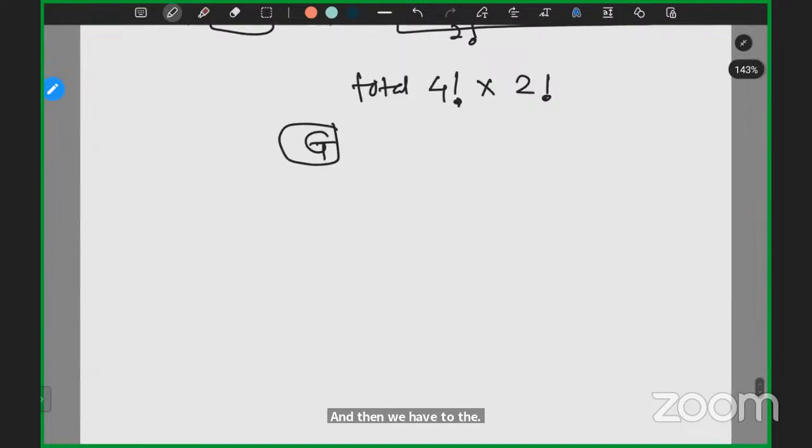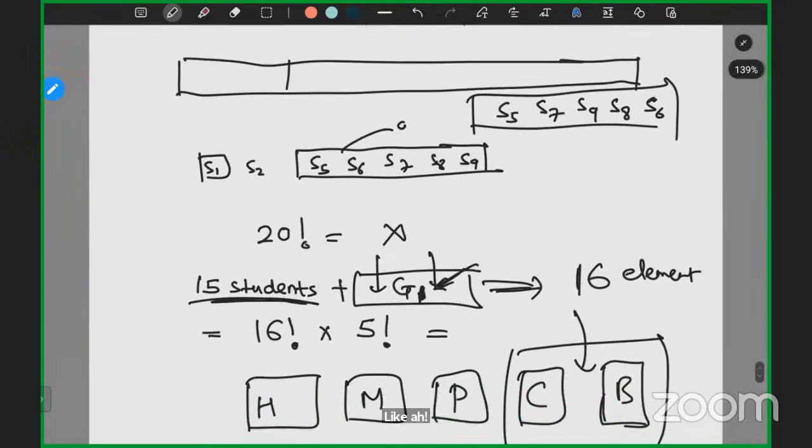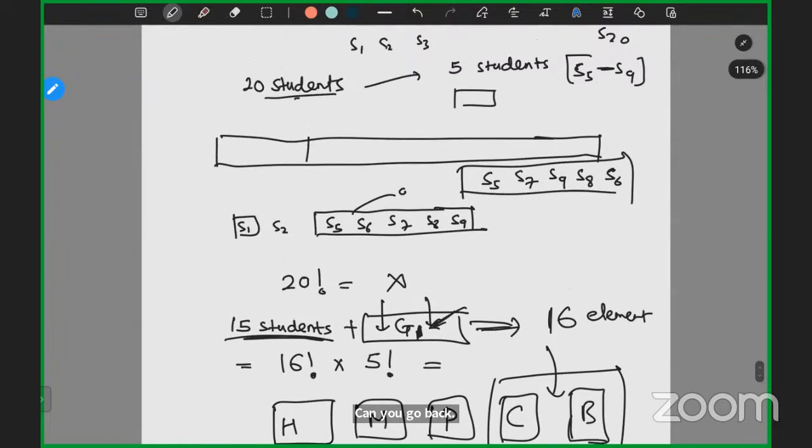Can you go back to the question? After 20 students, one group is made with 5 students. So sir, we first subtract, and then do 10 students and then 5 students separately, right? Yes, correct.